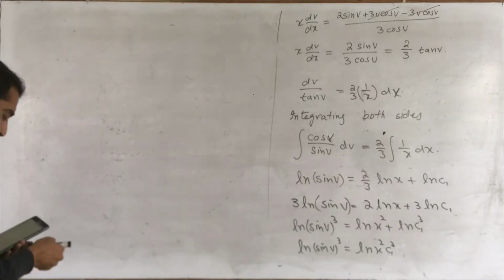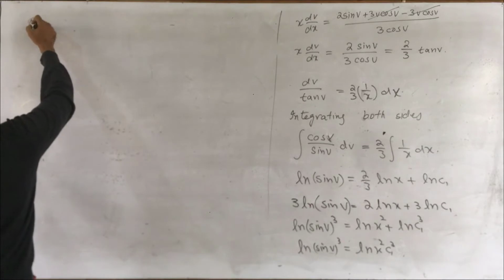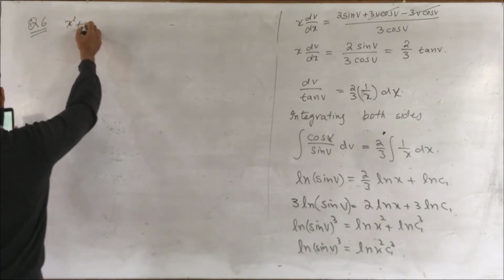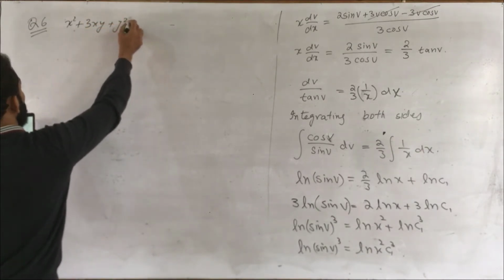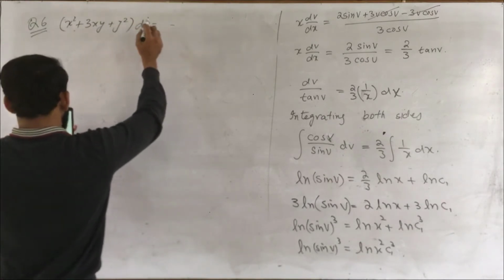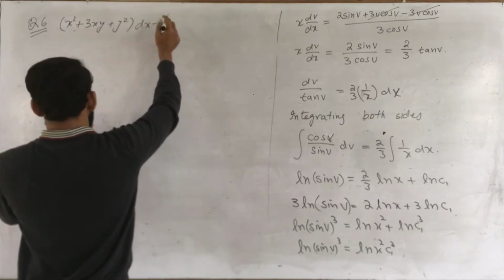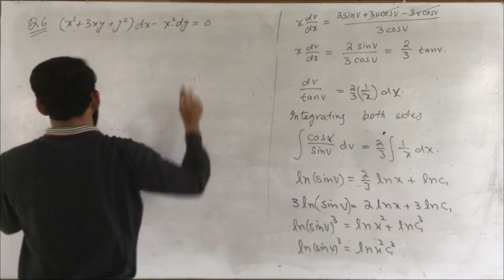Question number 6. x square plus 3xy plus y square dx minus x square dy is equal to 0.